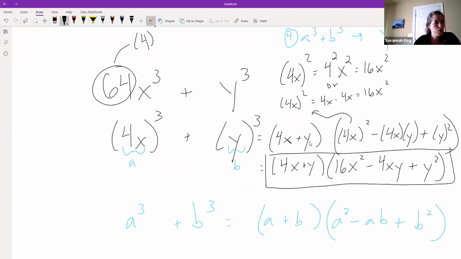It's most similar, I guess, to what we were given at the very beginning, where 64x to the third is the same thing as the quantity 4x to the third, because that would be 4x times 4x times 4x. 4 times 4 times 4 gives you the 64. X times x times x gives you the x cubed, if you're reversing the process and making sure that you broke this thing down properly.